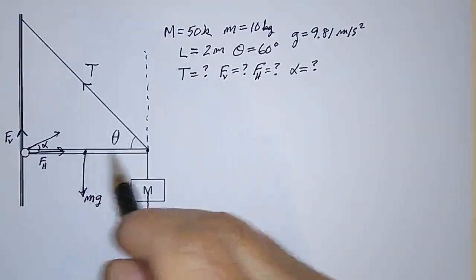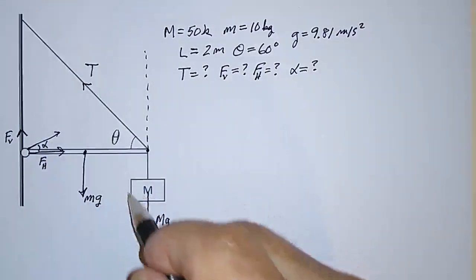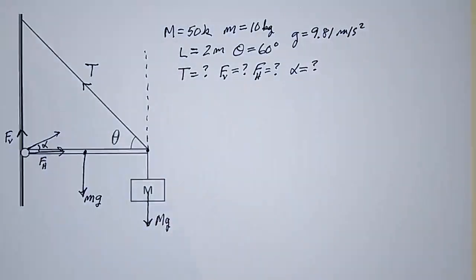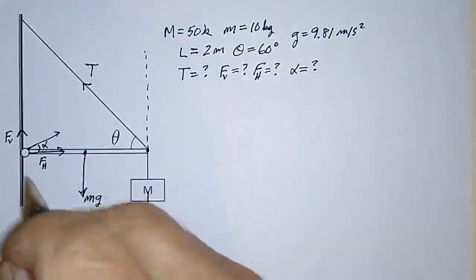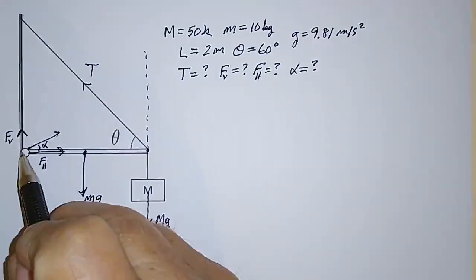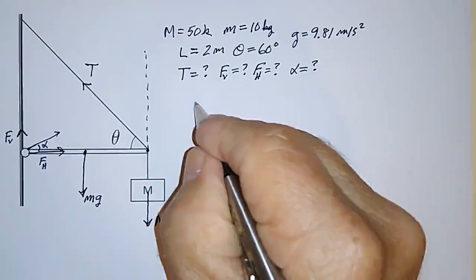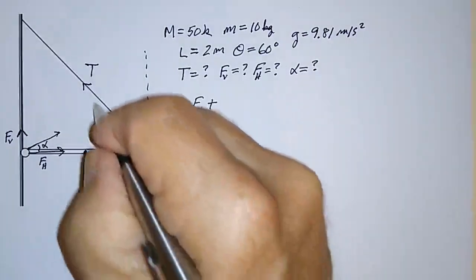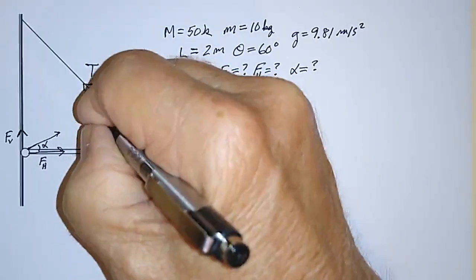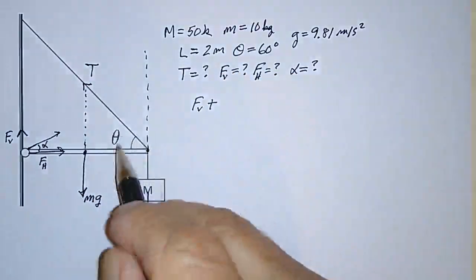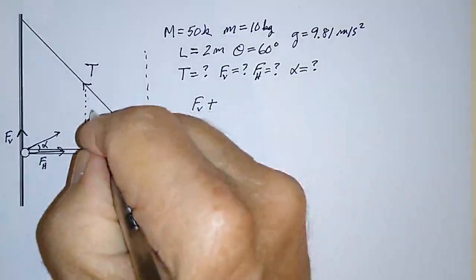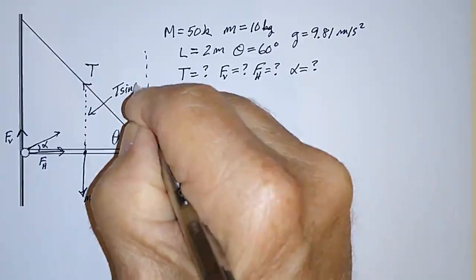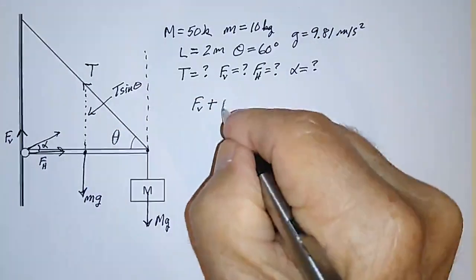The upward forces acting on this system, which consists of the bar and the big mass M, well, the force upward due to the hinge on the wall, F sub V, plus the vertical component of the tension, which, as you can see from the picture here, is T sine theta.